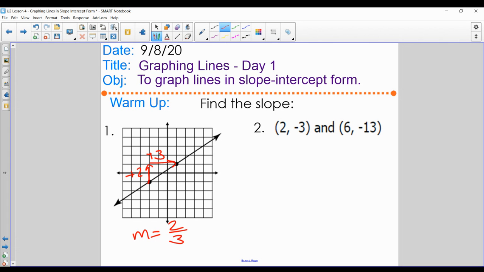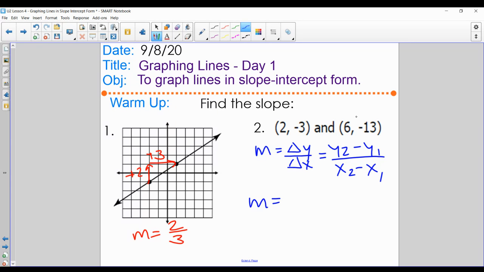Okay, if I have 2 points, I'm going to use the slope formula. Change in y over change in x, which means I'm going to subtract the y's in the numerator, subtract the x's in the denominator in the same order. So my slope here, I'm going to start with this point and subtract that point.